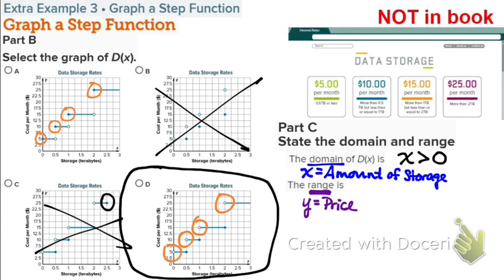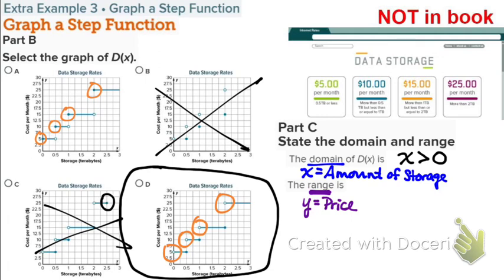It's $5, 10, 15, and 25. Would anybody have a single storage plan and pay this company $20 a month? If they have a single storage plan, would they pay $20 a month for their storage? No. It's either going to be 15 or it's going to be 25. You fit in one of these buckets. They don't have a plan for $20.